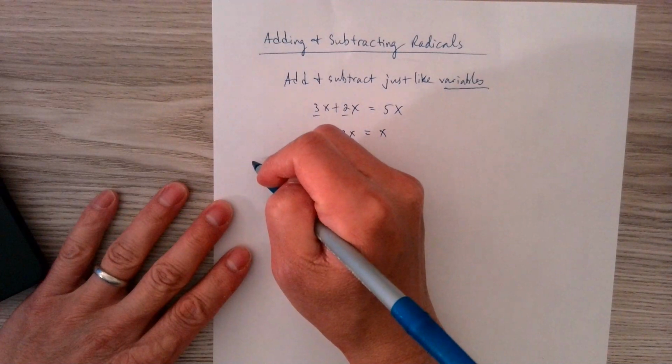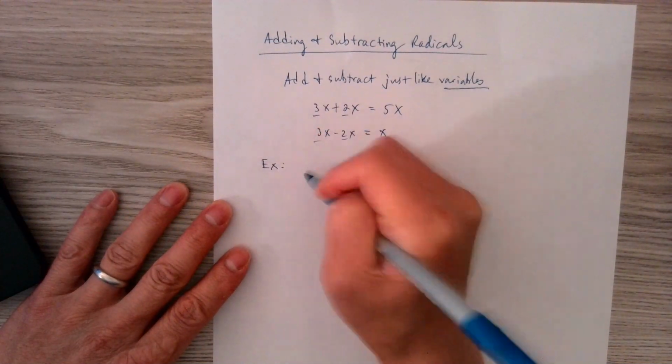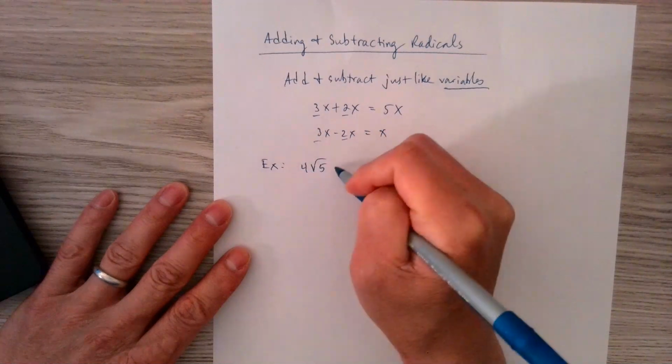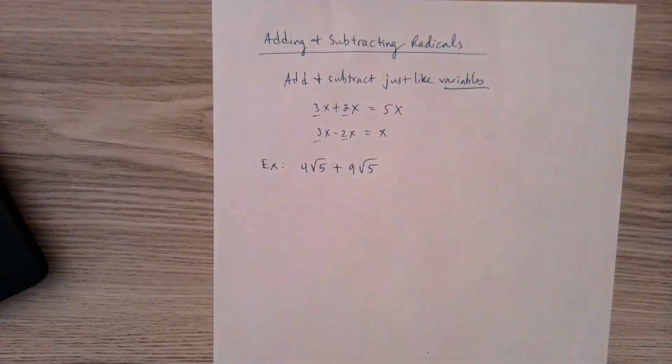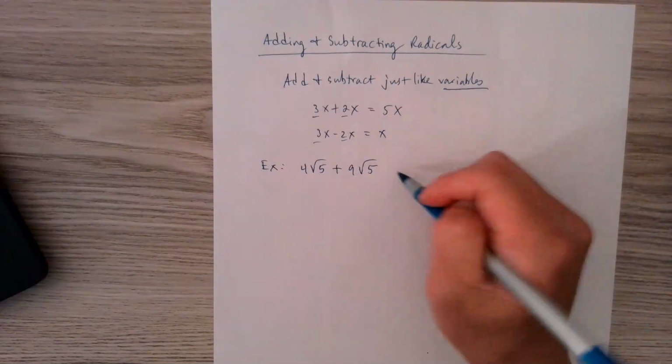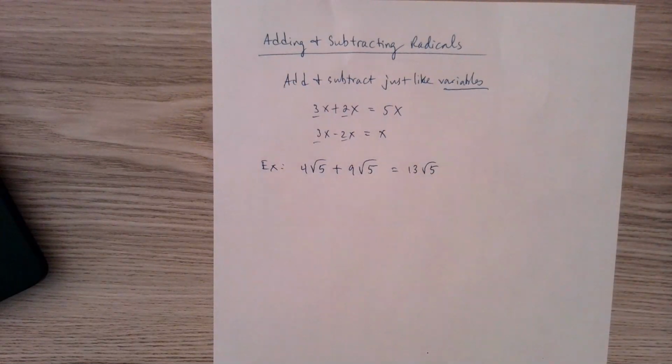So if I have 4 rad 5s and I add 9 rad 5s to it, I now have a total of 13 rad 5s. The rad 5 stays the way it is.